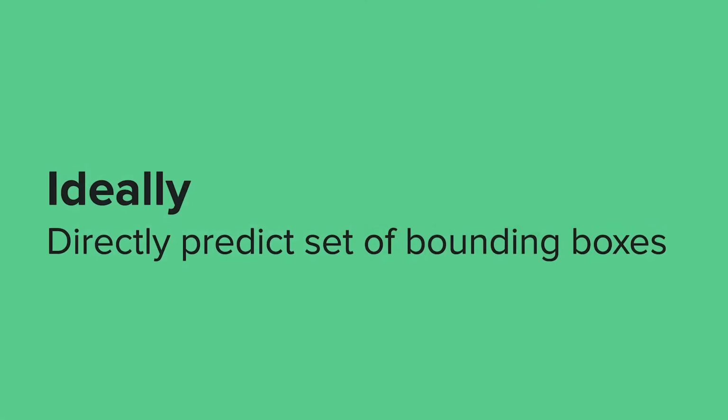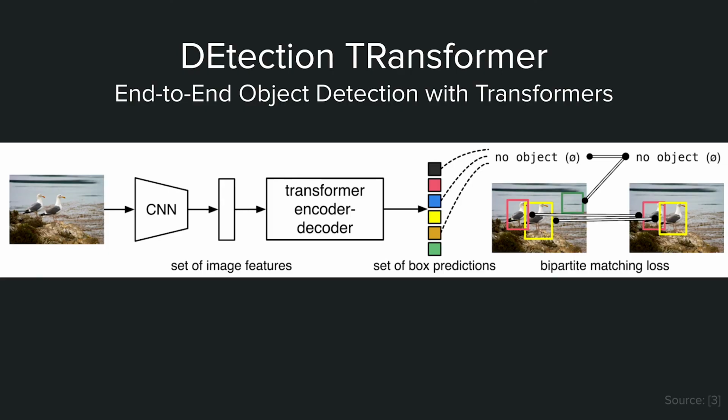What we ideally want is a direct prediction of our bounding boxes. We want to feed in an image and we want to get a set of boxes. And the detection transformer is, to the best of my knowledge, the first paper that proposed such a model where we feed in an image, run it through a transformer, and then directly get a set of bounding boxes and class labels.